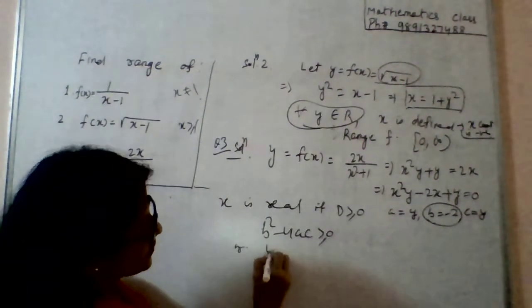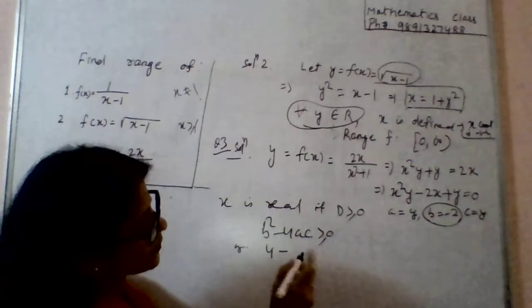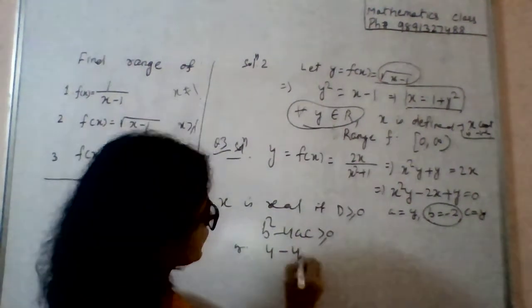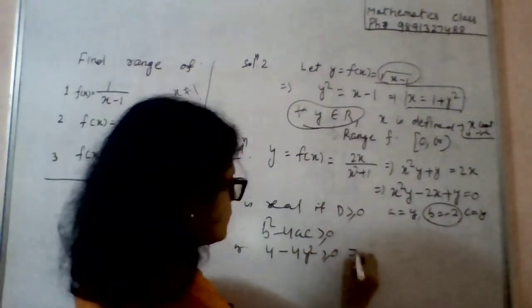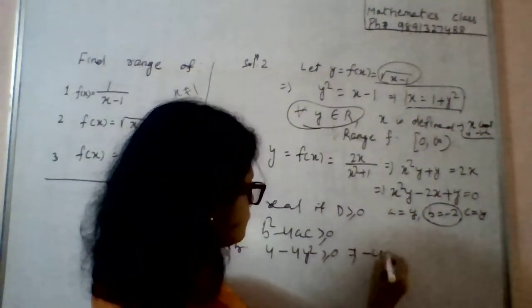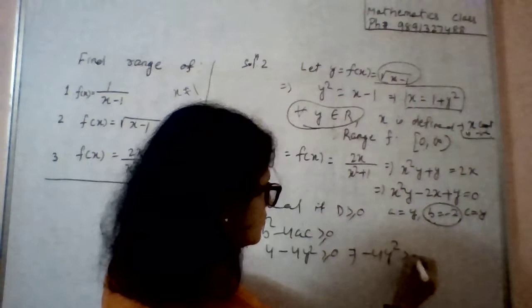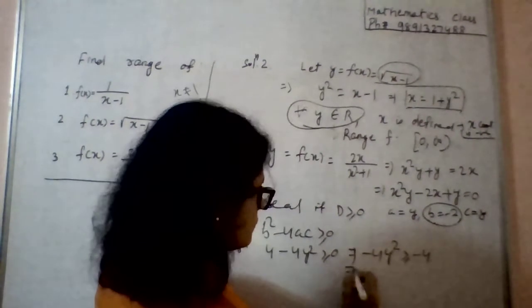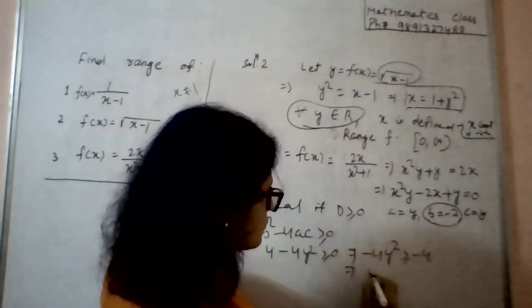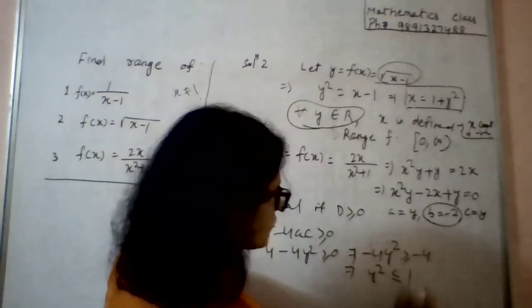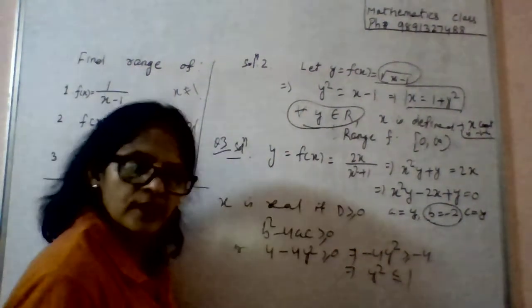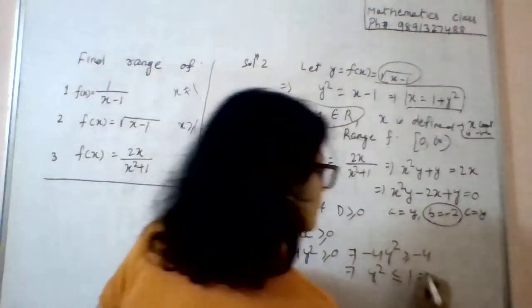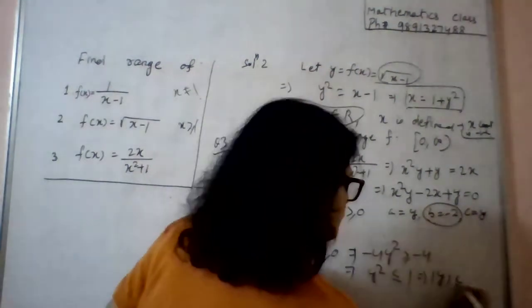So b square is 4, minus 4 y square, greater than or equal to 0. It means minus 4y square greater than or equal to minus 4. So y square less than or equal to 1. So it means mod y less than or equal to 1.